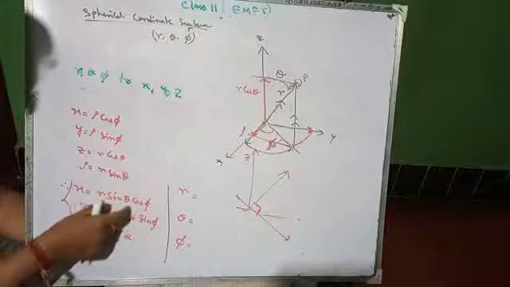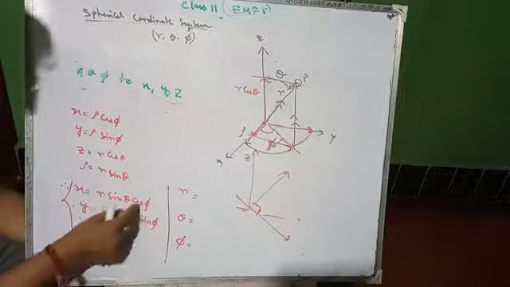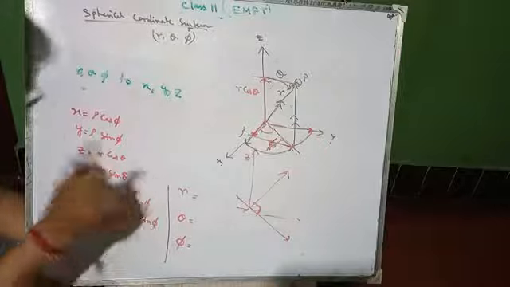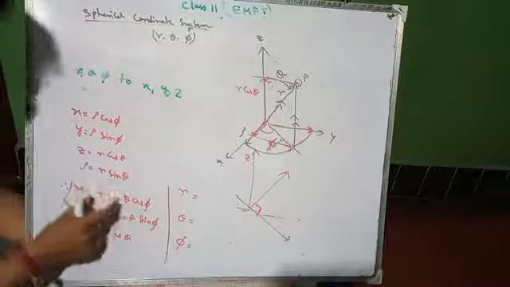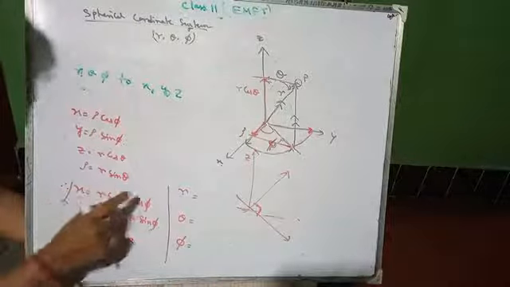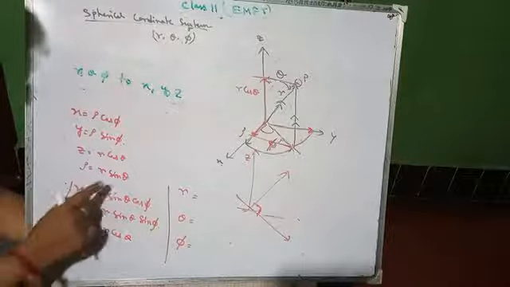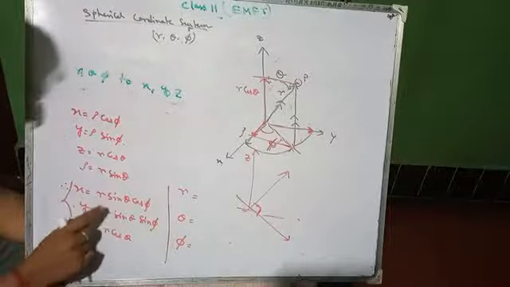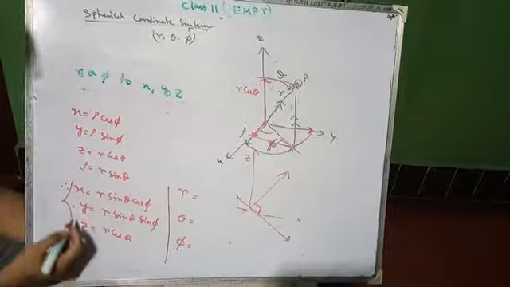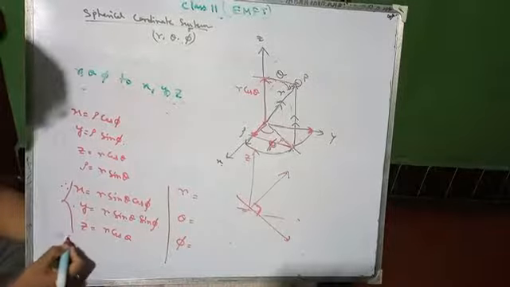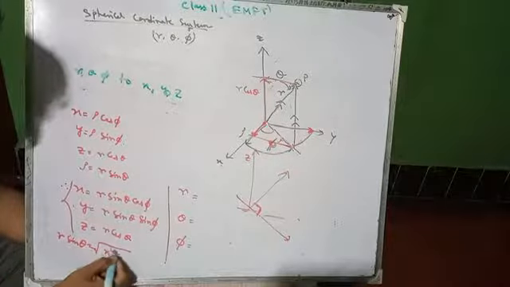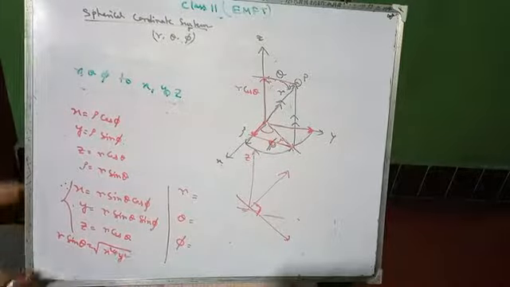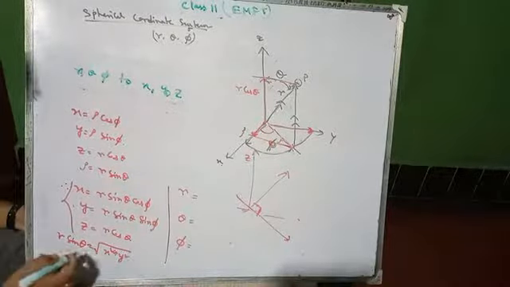Taking r square sin square theta as common, cos square phi plus sin square phi is 1. So r square sin square theta is left, and taking the root, root over x square plus y square equals r sin theta. It is clear?